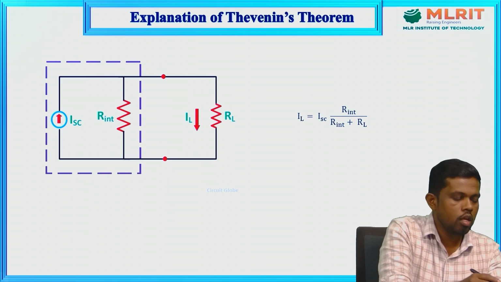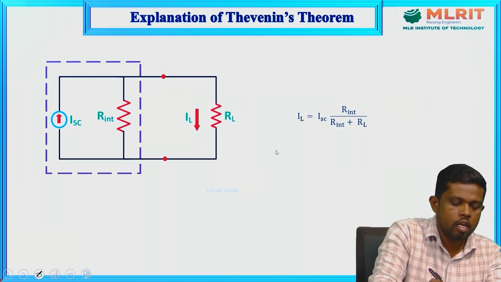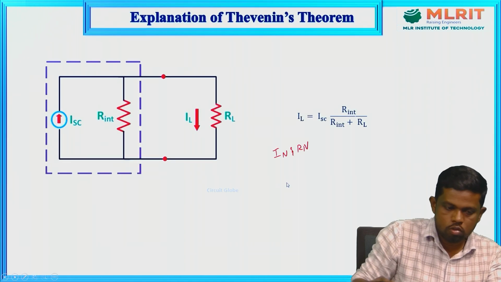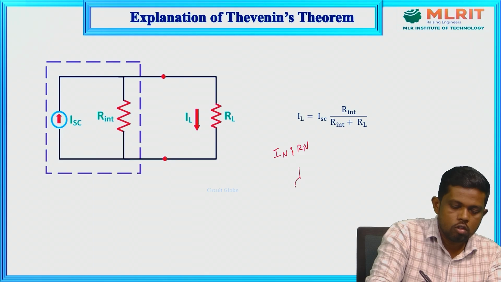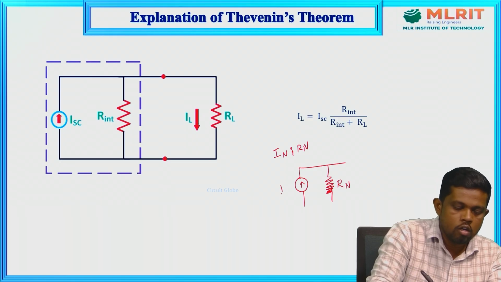Using the Norton parameters, IN and RN, we need to draw the equivalent circuit. This is a single current source in parallel with a single resistance. That resistance is called R Norton, and the current source is known as I Norton.